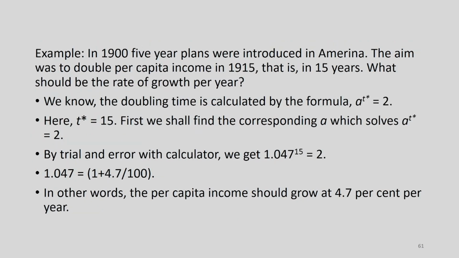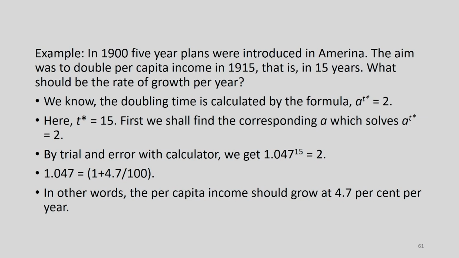An example is given. In 1900, 5-year plans were introduced in this country called America. The aim was to double per capita income in 1915, that is in 15 years. What should be the rate of growth per year? So, what are we given here?